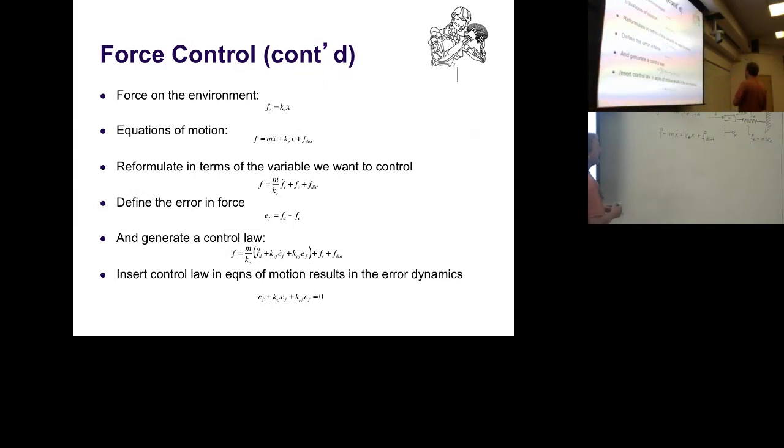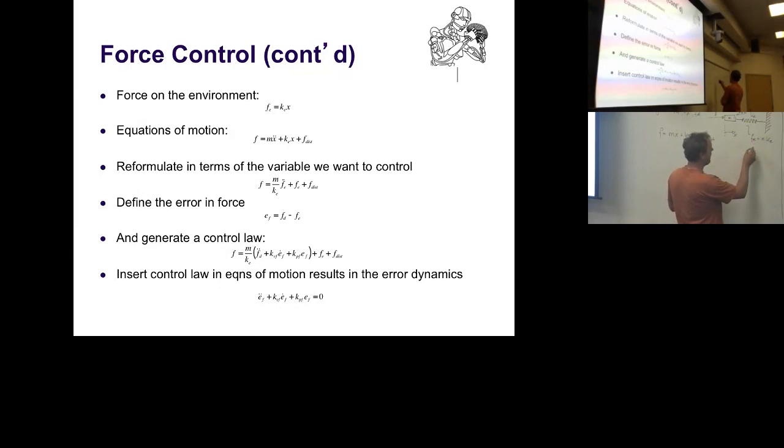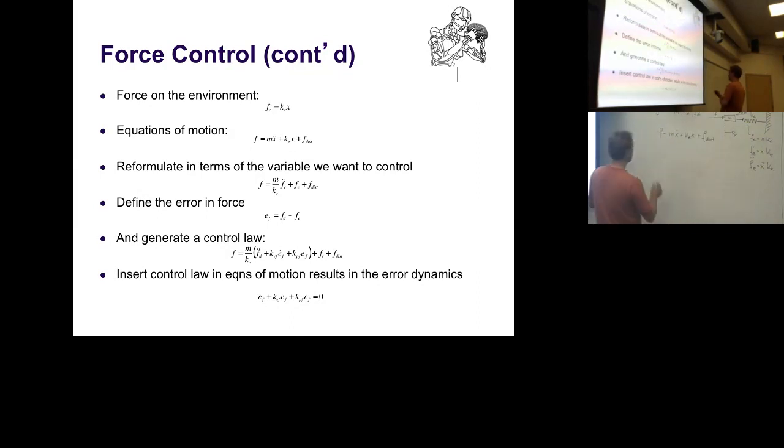So what are we going to do? We know Fe equals x times Ke. That means we can also write Fe dot equals x dot times Ke, and if I wanted to, Fe double dot equals x double dot times Ke. Okay, so let's replace things appropriately. So F equals m, where x double dot becomes Fe double dot times 1 over Ke, then Ke times x, that's the environmental force, plus F disturbance.